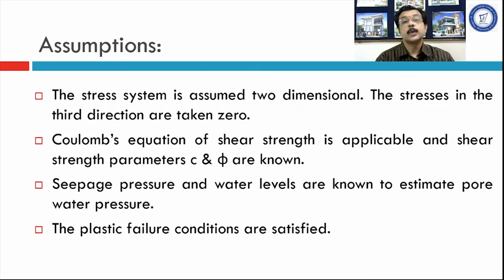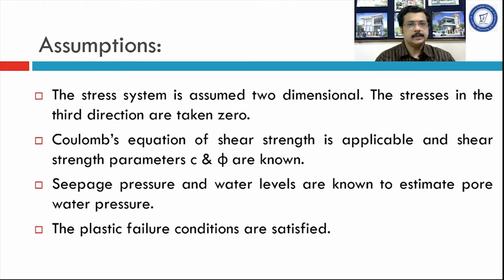The second assumption is that Coulomb's equation of shear strength is applicable, and the shear strength parameters, cohesion and angle of internal friction, that is C and phi, are known before going for the analysis. The Coulomb shear strength equation is tau f or small s equals C plus sigma tan phi, where C stands for cohesion in the soil, phi stands for angle of internal friction, and sigma is the normal stress.